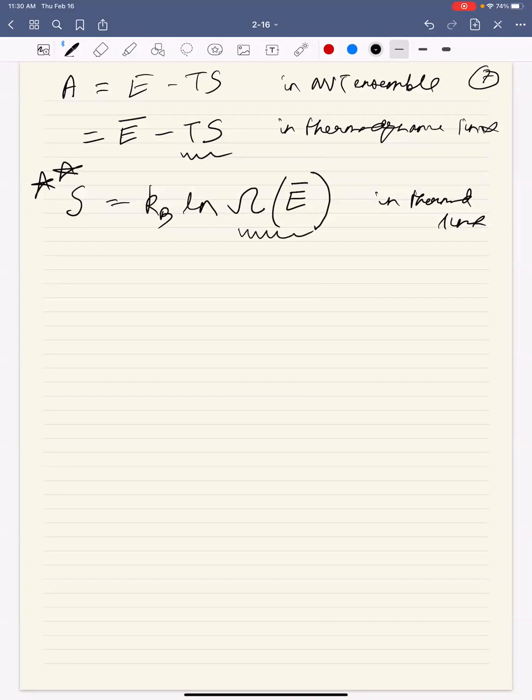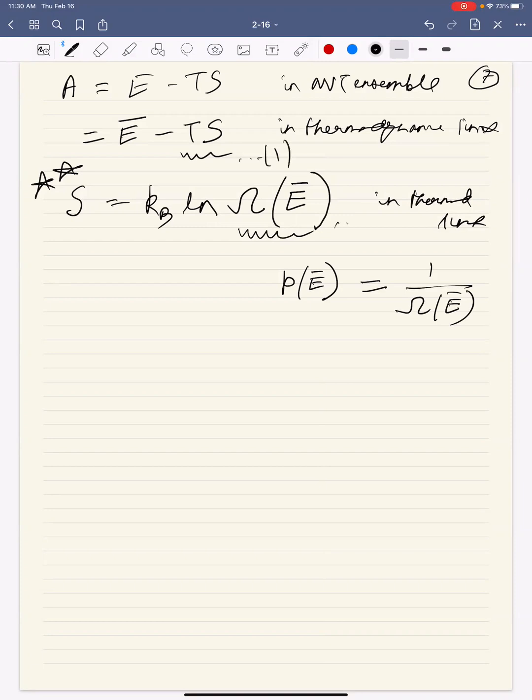So we have to think about omega of E bar. Remember how we defined the probability of observing a certain microstate in the microcanonical ensemble? It was 1 over omega of E bar, right? Every microstate is allowed, and if you have omega microstates, P is equal to 1 over omega. I should start numbering my equations today.